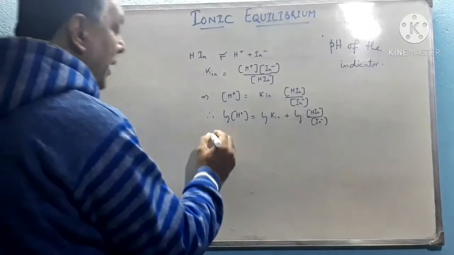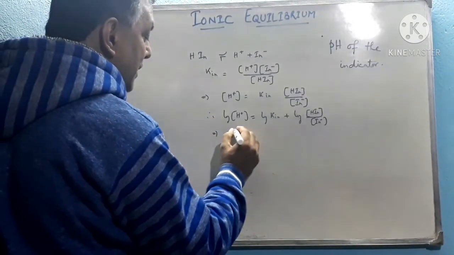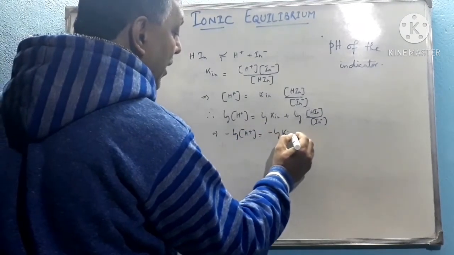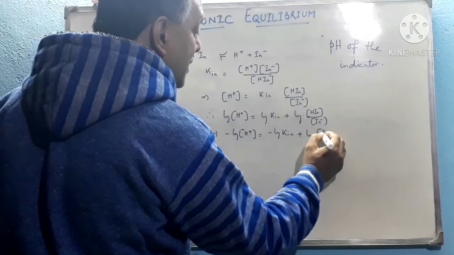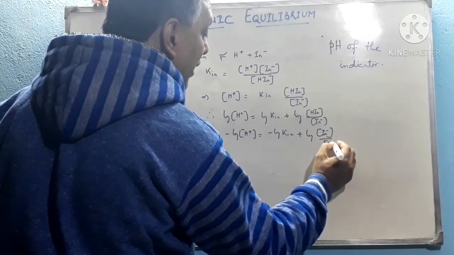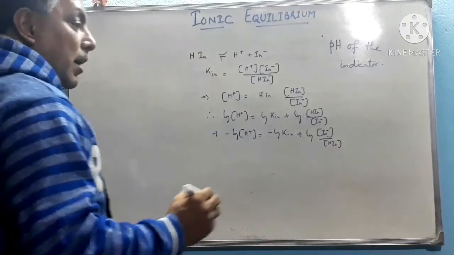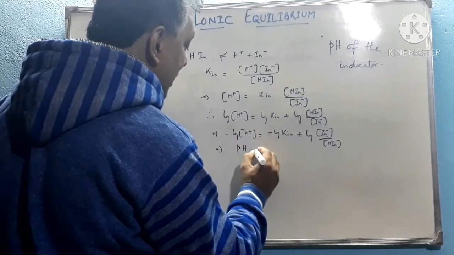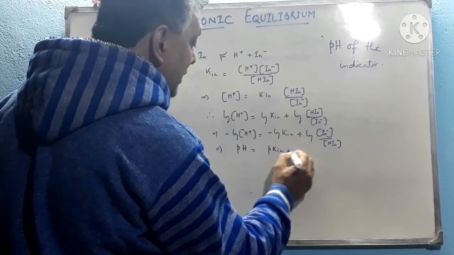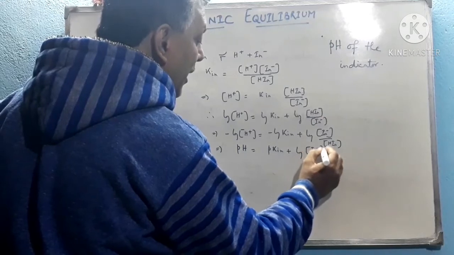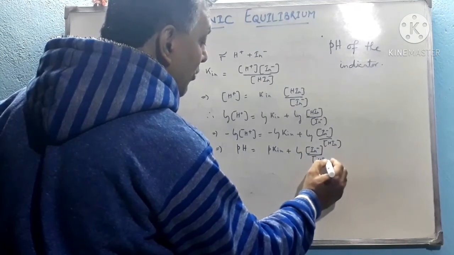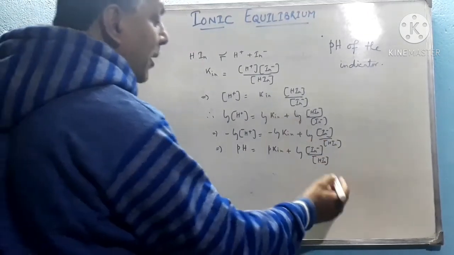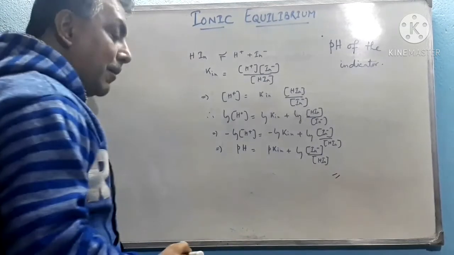Now taking the negative log on both sides, we get minus log[H+] equals minus log K_In plus log, inverted, [In-] divided by [HIn]. This is just like the Henderson-Hasselbalch equation. Minus log[H+] is pH, so pH equals pK_In plus log([In-]/[HIn]), that is, log of the concentration in alkaline medium divided by that in acidic medium. This is the expression for the pH of the indicator.